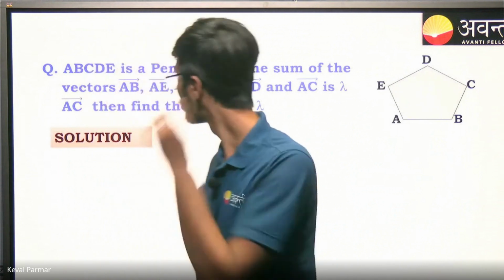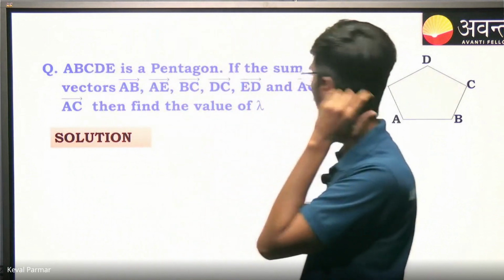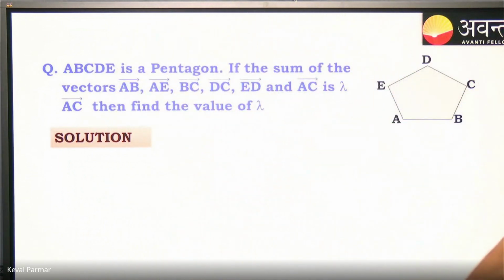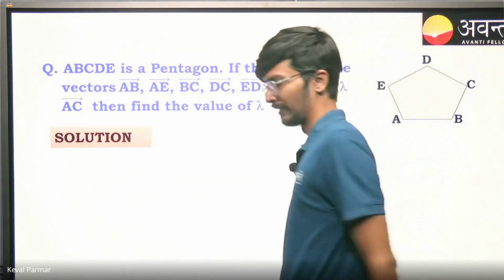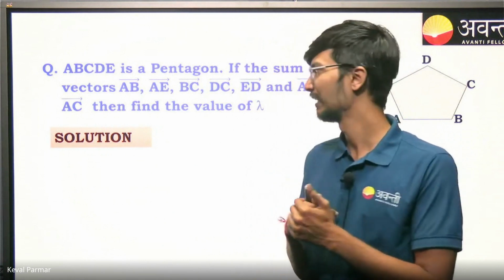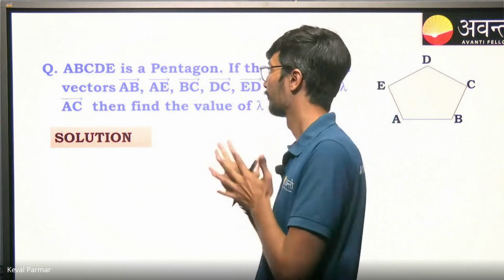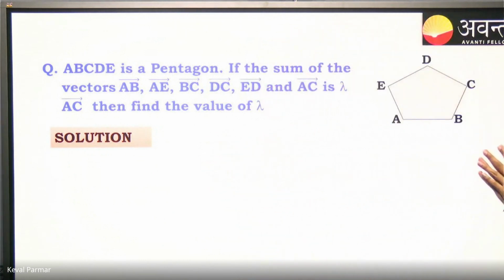Okay, let's do this question as the last one. You might have gone through this question many a times, and these are among the most important, frequently asked questions. ABCDE is a pentagon.